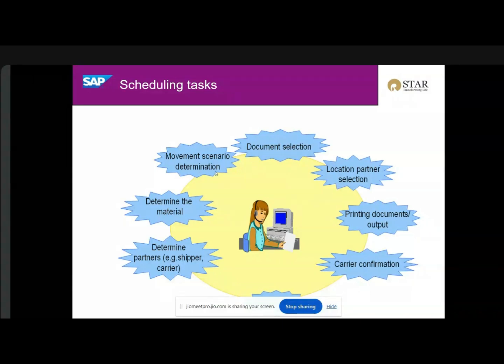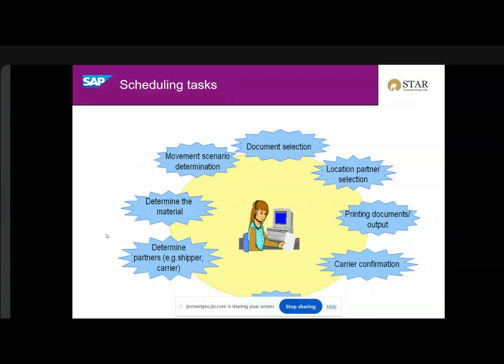The movement scenario means whether you will receive the product at your terminal, or you go to the vendor's place and pick up the material and bring it to your place. This is one scenario. Or you sell at your place. This is one scenario. Or you deliver to the customer's place, delivered supply, another scenario.